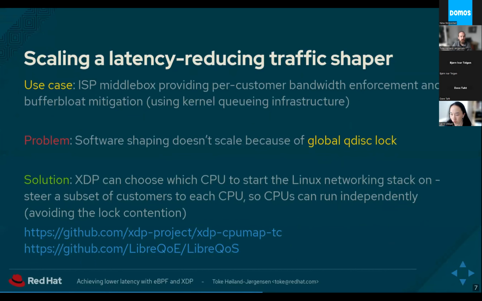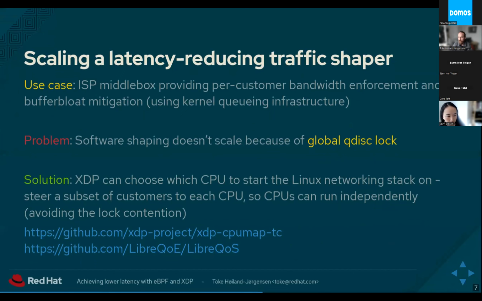One thing is you can use this technology to better scale your software stack. So one use case here is, we know that the Linux kernel has some of the best-in-class software queuing infrastructure in the qdisc layer, where you can install fq_codel and CAKE, and you can do HTB, tree-based shaping and all these advanced features.